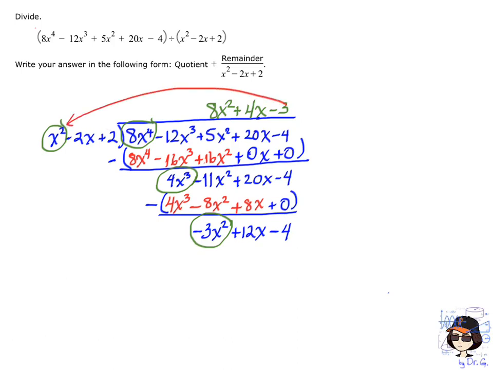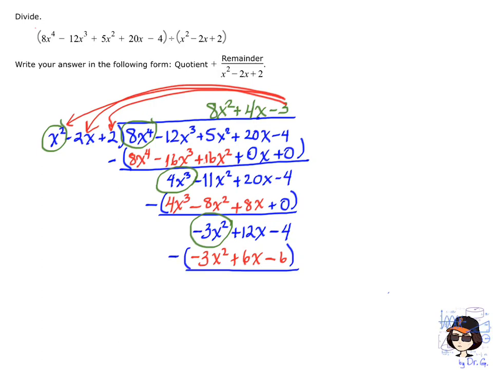Negative 3 times x squared is negative 3x squared. Negative 3 times negative 2x is positive 6x. Negative 3 times positive 2 is negative 6. Put parentheses around it and subtract term by term.